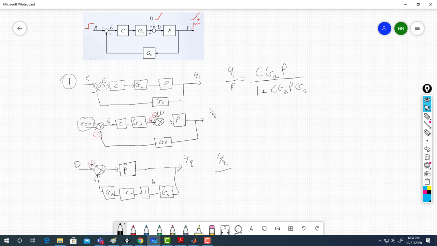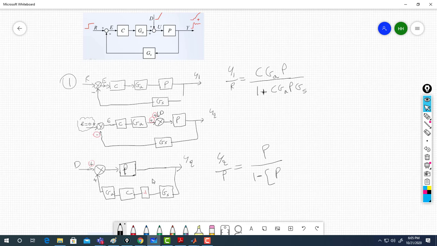y2 over d equals P over 1 minus the loop, forward over 1 minus loop.